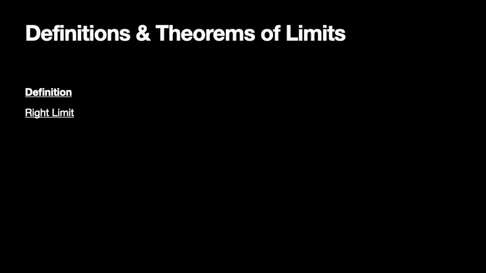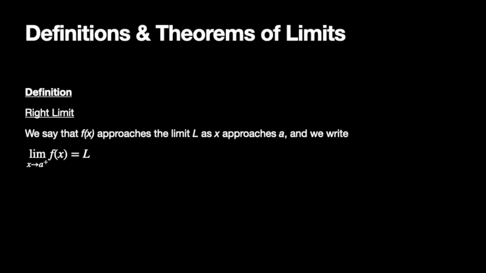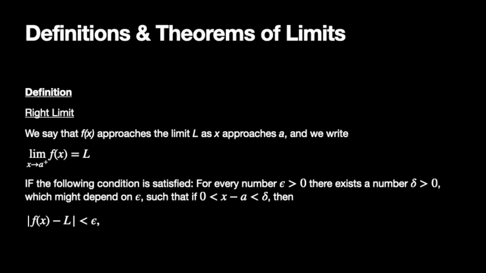Definition of a right limit. f of x has a right limit L at a, written the limit as x approaches a from the right of f of x equals L, if the following condition is satisfied. For all epsilon greater than 0, there exists a delta greater than 0, such that if a is less than x, which is less than a plus delta, then the absolute value of f of x minus L is less than epsilon, and x belongs to the domain of f.